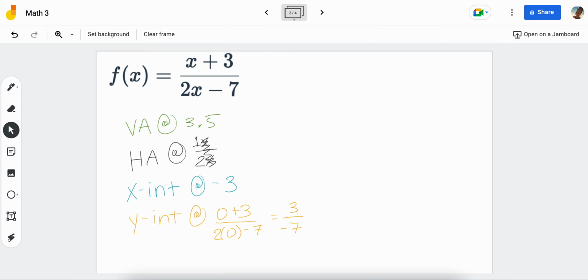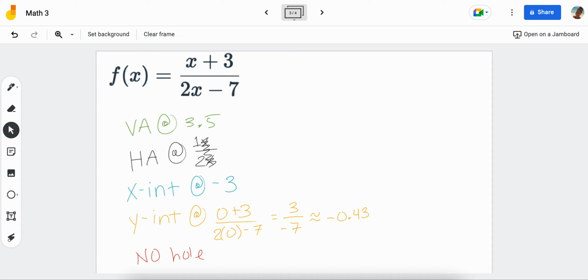I'll put that in my calculator. 3 divided by 7 will give me approximately -0.43. All right, so now I have, and there's no hole, right? No hole because nothing turned into a 1. So there's no hole in our graph.